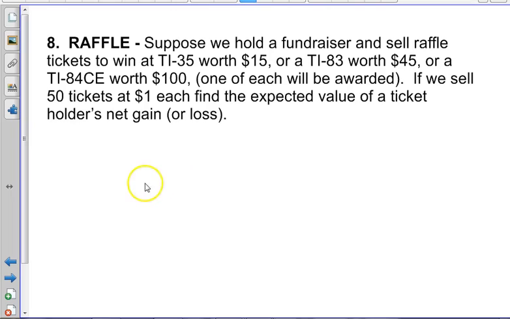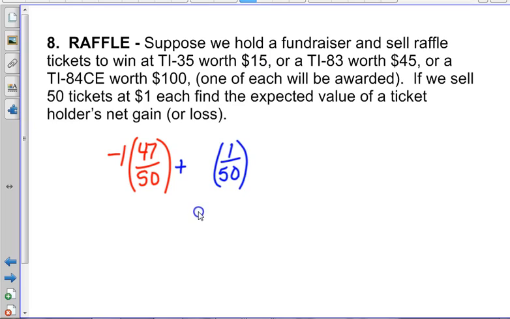Okay, so a bunch of people are going to lose $1. Yes? How many of people are going to lose $1? 47 out of 50 people, right? Okay, then what else is going to happen? One person's going to get the $15 calculator. So 1 out of 50 is going to make how much, though?